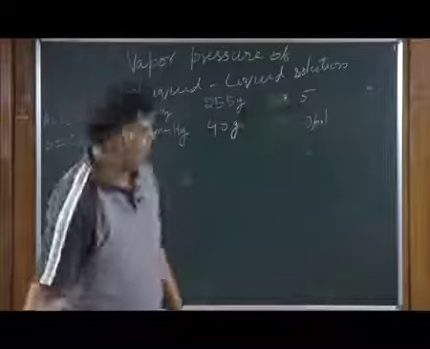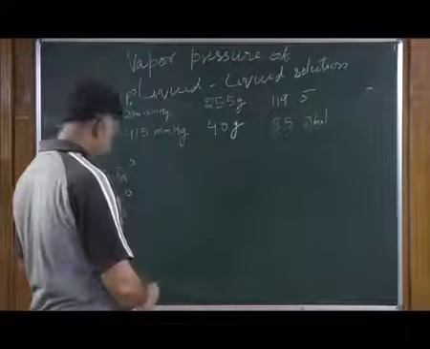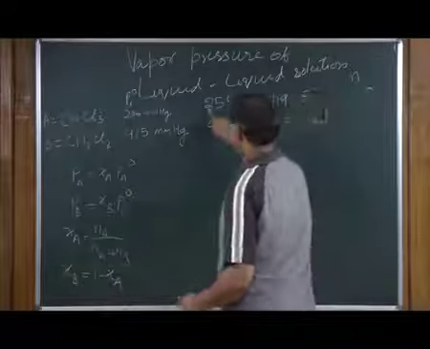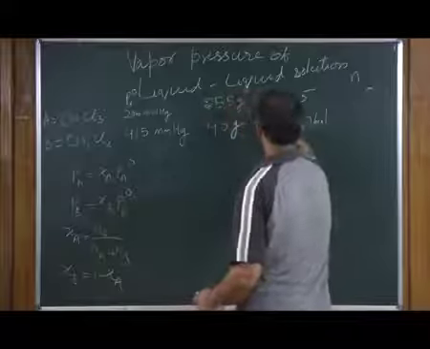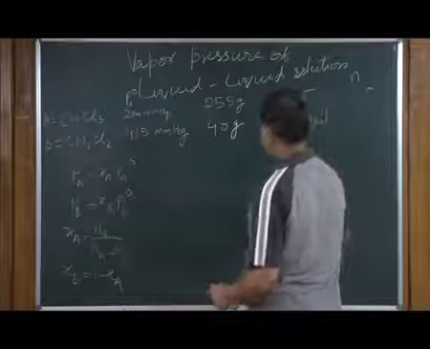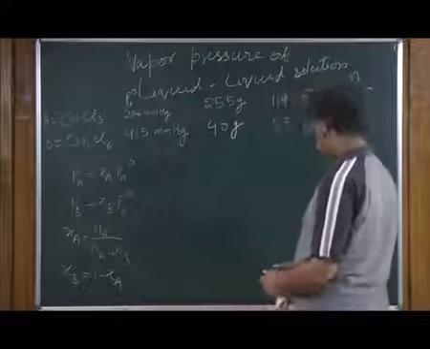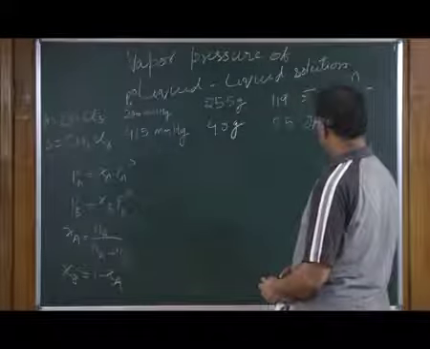And then we can calculate the number of moles of each. So, that would be 25.5 gram divided by the molecular weight, that will give me moles of CHCl3, that is A.